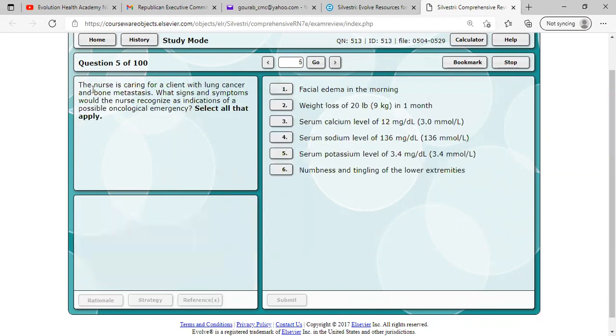Next question here. The nurse is caring for a client with lung cancer, and the lung cancer has metastasized to the bones.